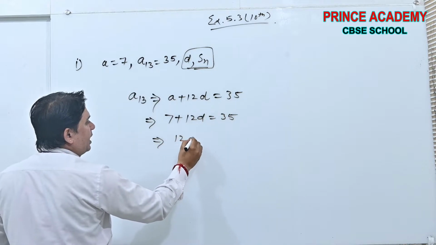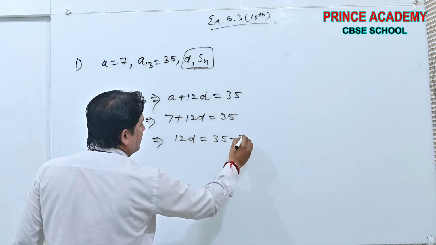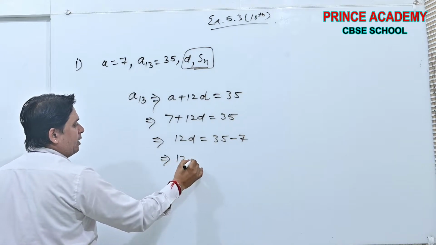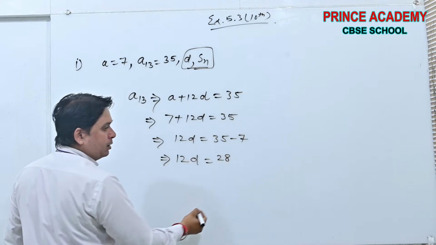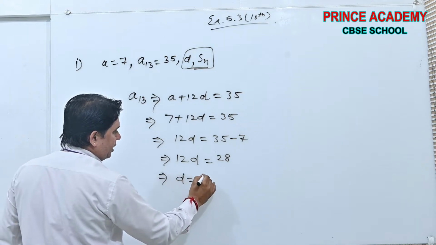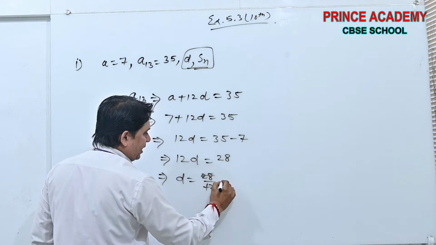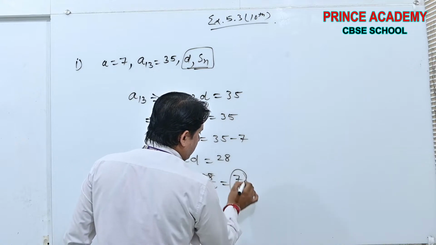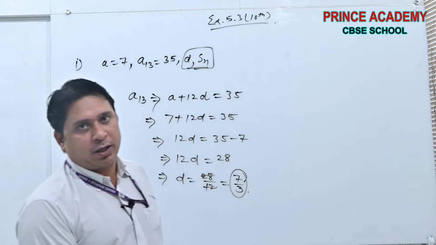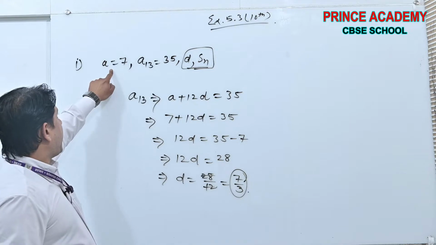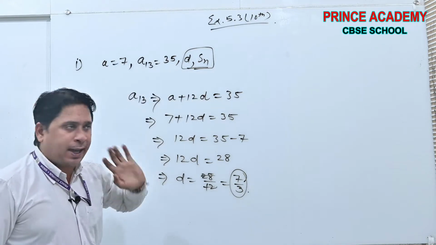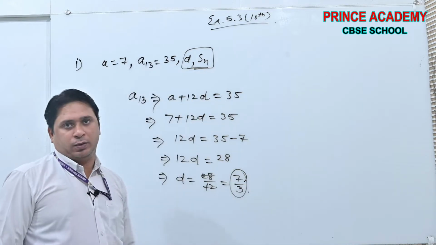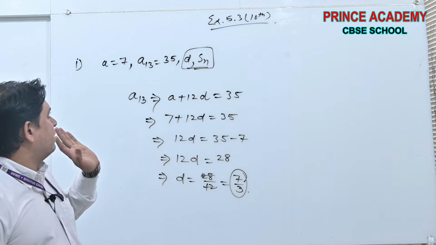From here, 12d is 35 minus 7. 12d will be 28. From here, d is 28 by 12, that is 7 by 3. Okay beta. From here we got d, 7 by 3.